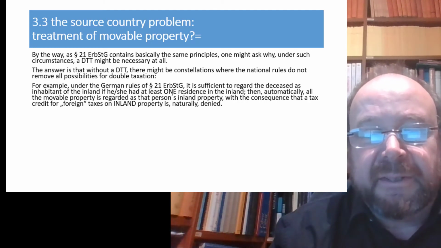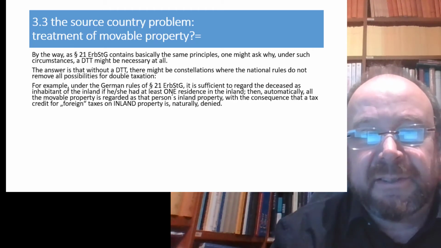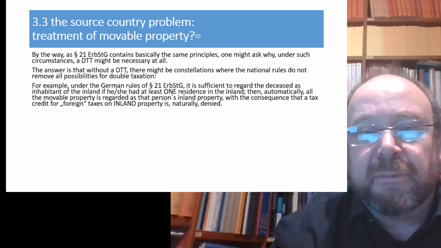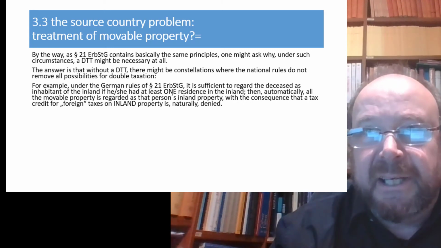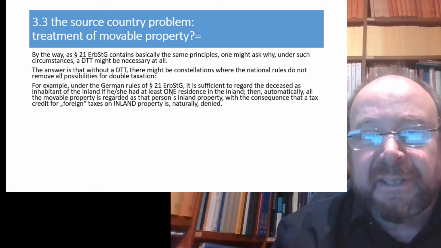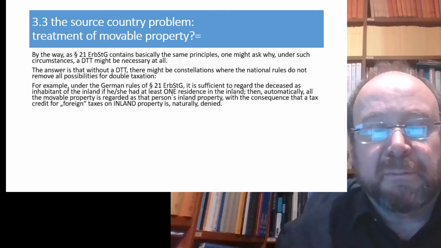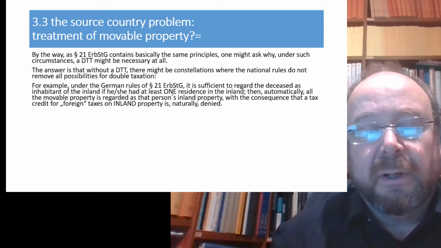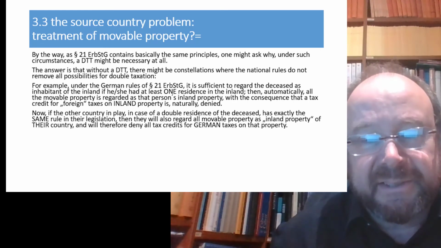That will lead to the consequence that both states will say under their domestic rules that the unclear property, the one without a clear fixed location, is claimed by them as inland property, and they refuse to credit foreign taxes on it. And so then you have an amount of property, or part of your property, where no unilateral removal of double taxation takes place.